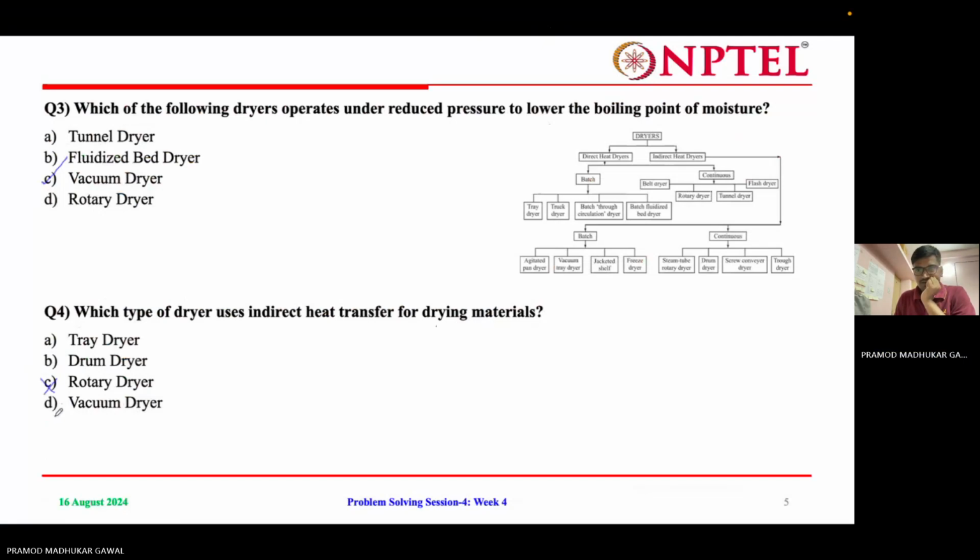Vacuum dryers come in indirect. Drum dryers are possible because it mentions indirect heat transfer for drying materials. Tray dryers come in direct heat. So option B is correct.